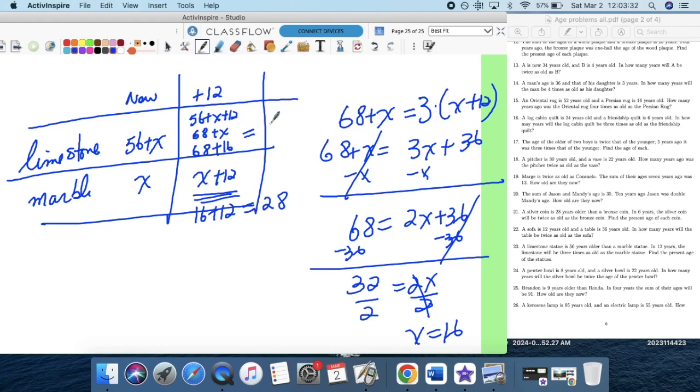It's going to be 84. Well, if you multiply 28 times 3, do you get 84? Yes, you do. Or another way, let's replace it here in the equation. 68 plus 16 equals 3 times 16 plus 12. 16 plus 12 is 28. 28 and 3.